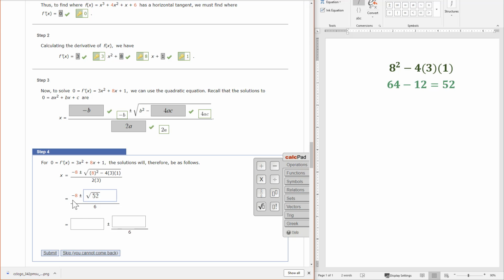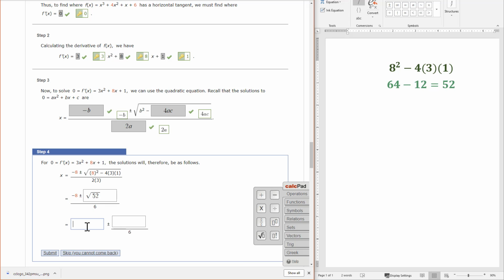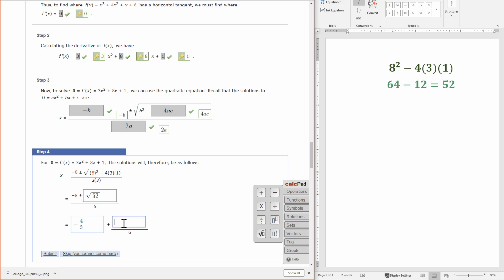And it looks like they want to split this up, so we're going to have a fraction, negative 8 over 6. 8 over 6 can divide out by 2, so that would be 4/3. And then here we have the square root of 52.